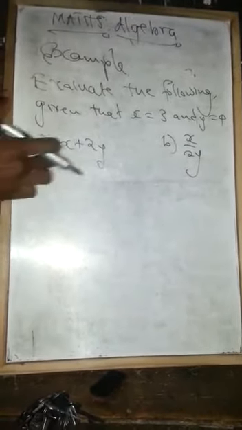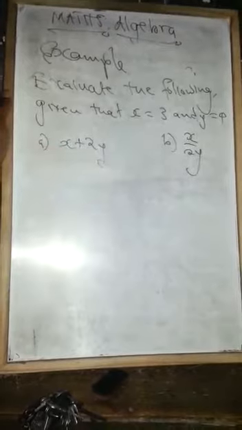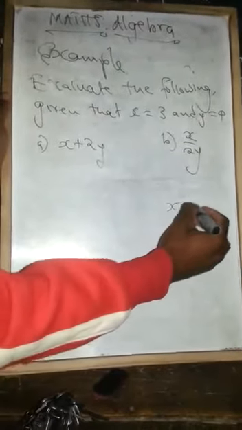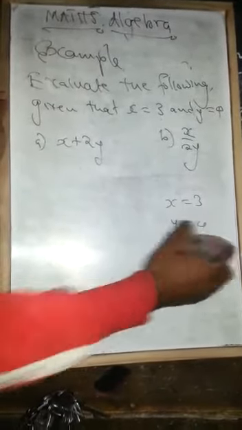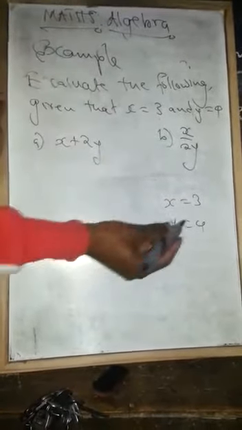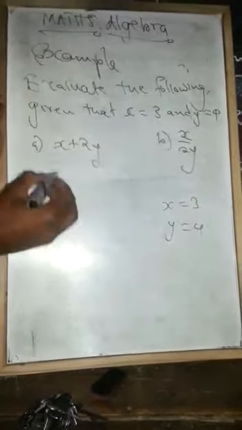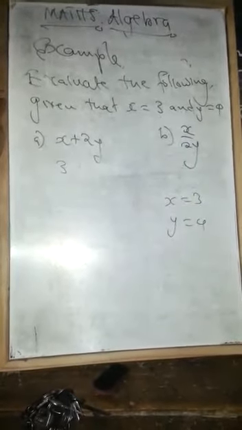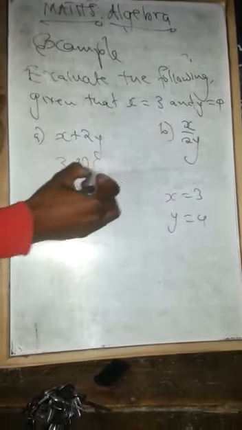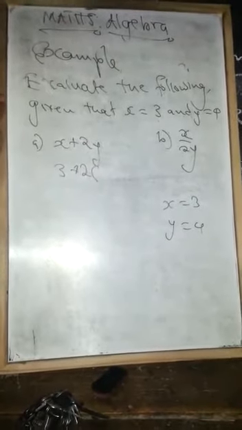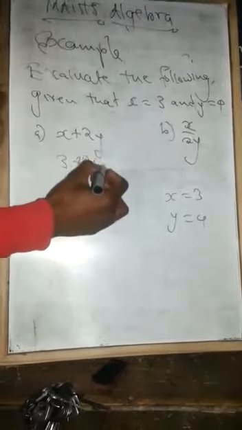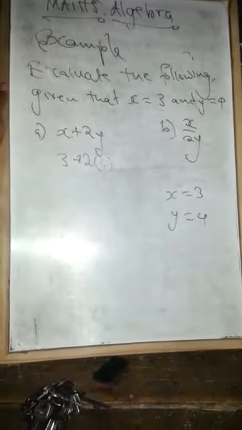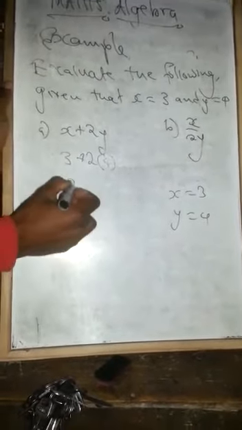So we're going to use the substitution method, by replacing x with 3 and y with 4. So we have 3 plus 2 open brackets 4. In between there must be multiplication.